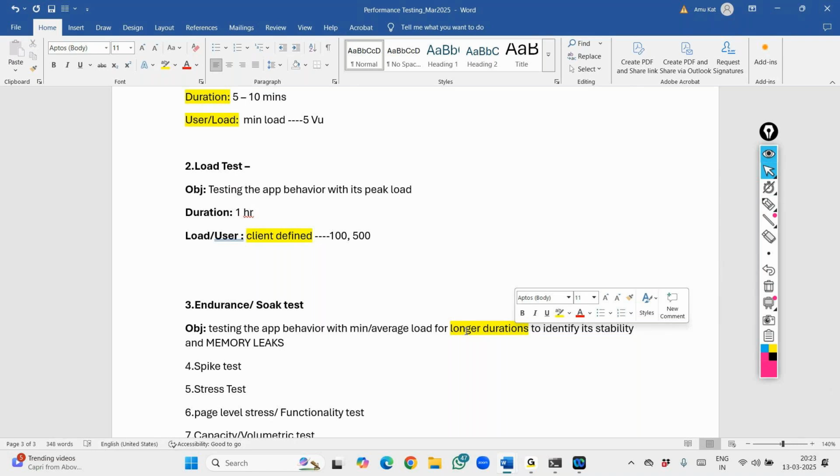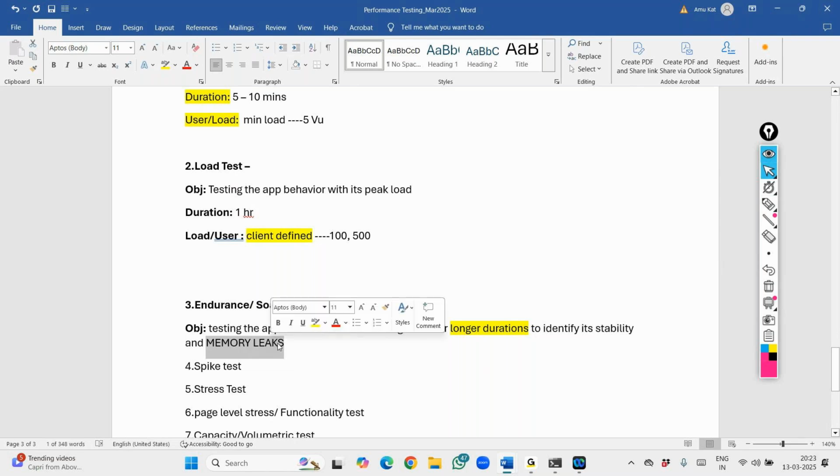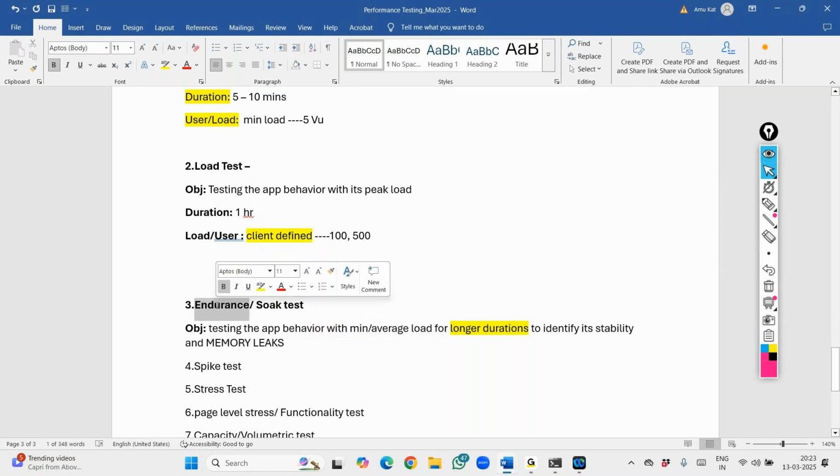So how is your application behaving, is it maintaining its stability, and is it throwing some sort of memory issues, that can be checked using the endurance test.